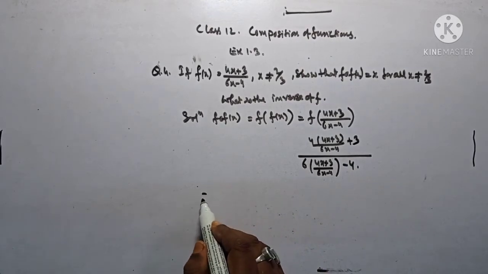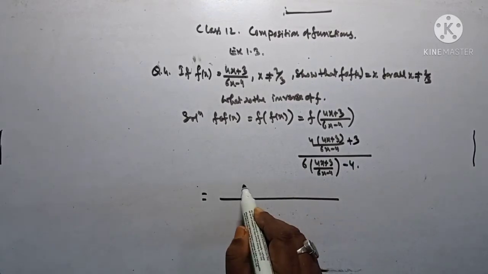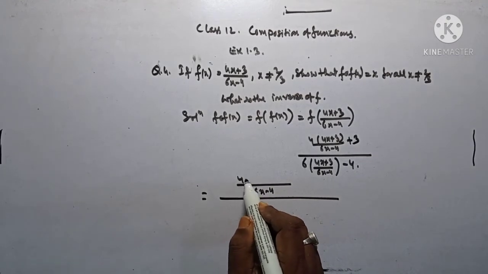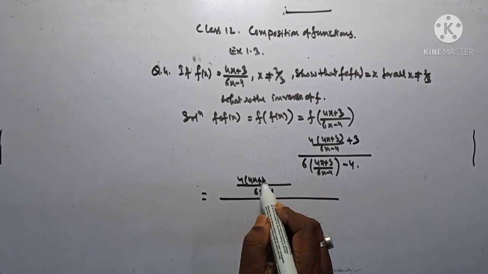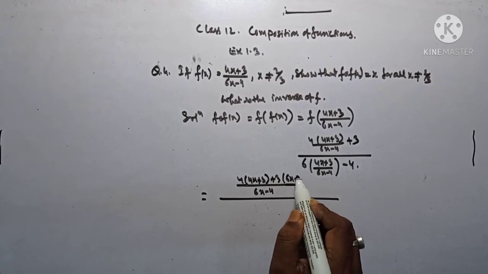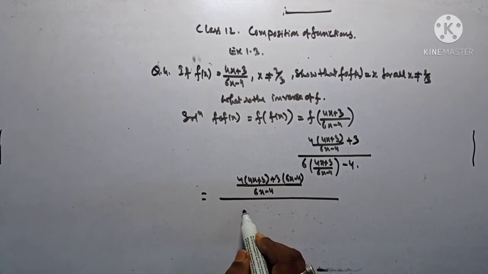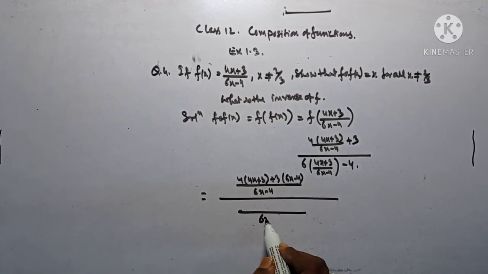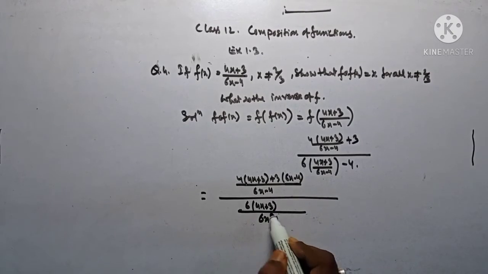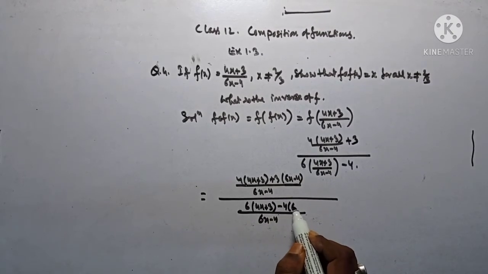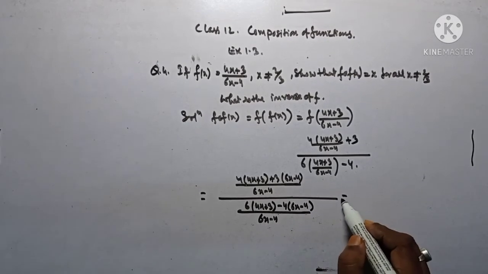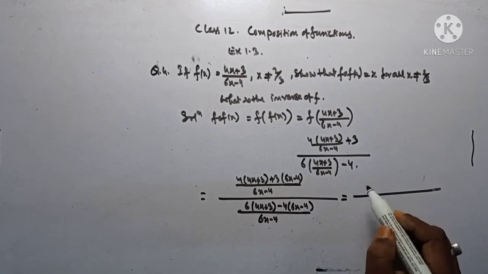Here your LCM is 6x minus 4. So this is 4(4x plus 3) plus 3(6x minus 4), and again here LCM is 6x minus 4, so 6(4x plus 3) minus 4(6x minus 4). So your result will be something like this.